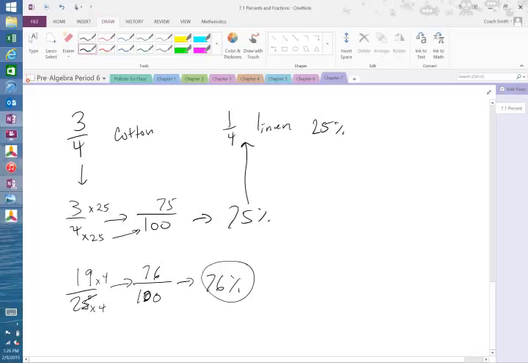They just want, it says, what percent of his passes did the player complete? That would be the percent. Okay? We just did it. It's right there on the screen.